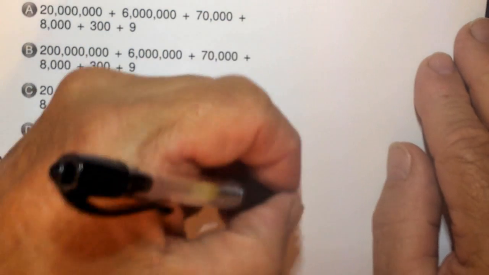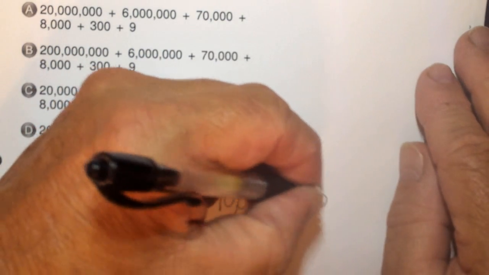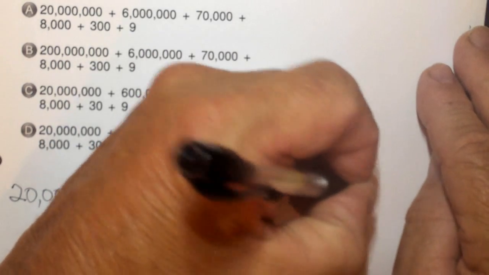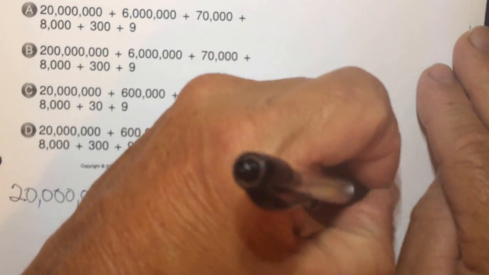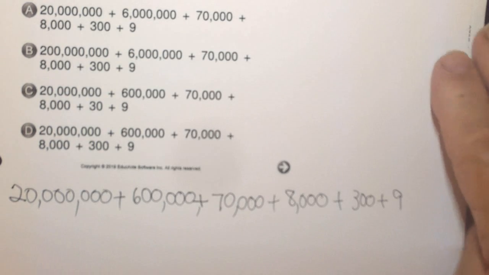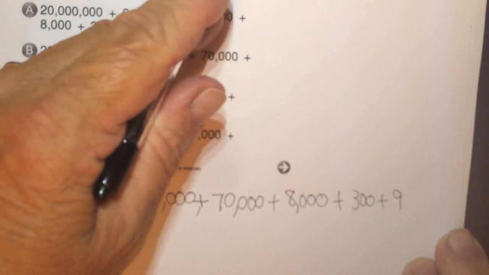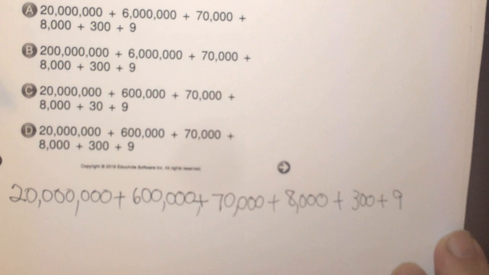I have 8,000s. I have 300s. And I have 9 ones. So my answer should look like this and should match. And that's all I have to do is go back and check. Because all I did was put the first digit and then zeros for everything behind that. Okay? And I did that for each digit in my place value chart.